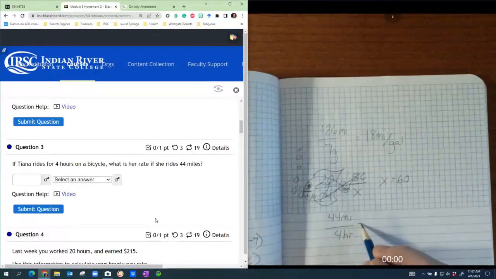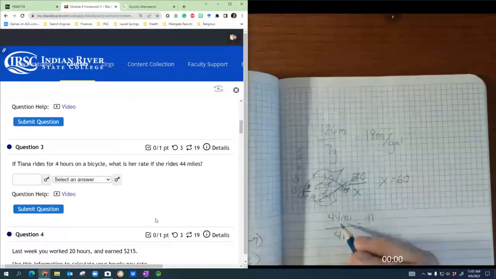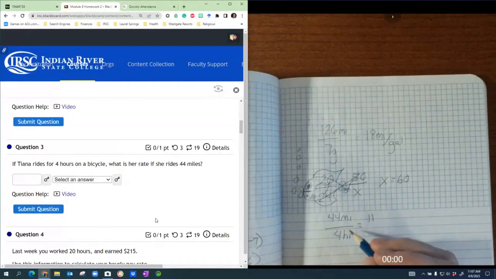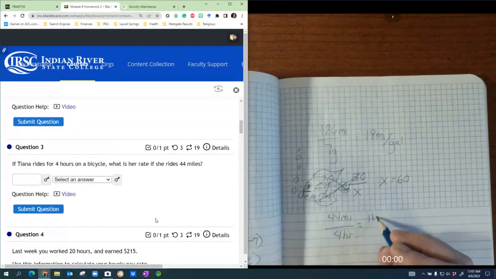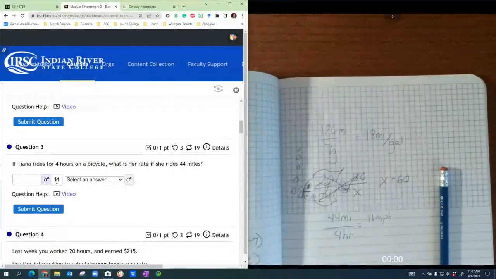Then we find out how many miles per hour. We would do 44 divided by 4, and we get 11 miles per hour. All right, so we're going to put in 11, and then select, of course, miles per hour.